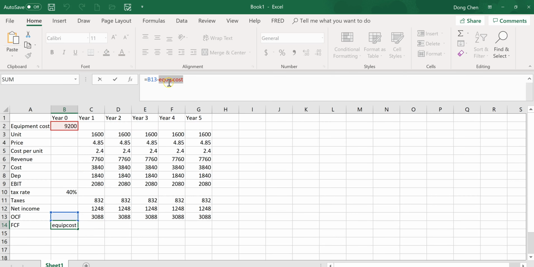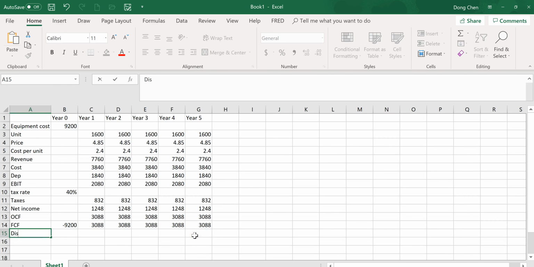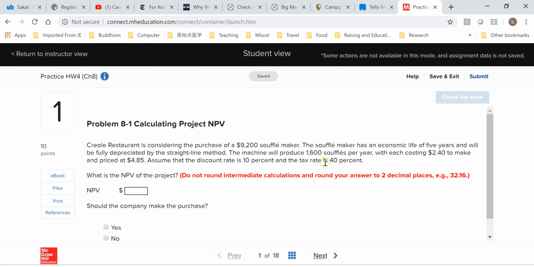So I want to change this back to B2, and then pull all the way to the right. And so you see all the other OCF will not be affected. So now I can add the discount rate. Discount rate is 10%.